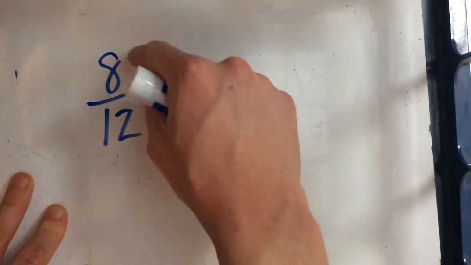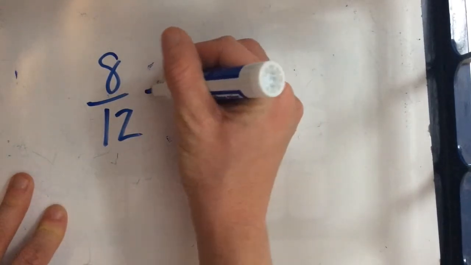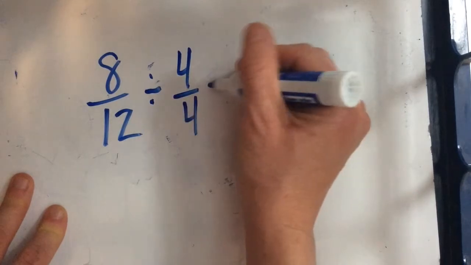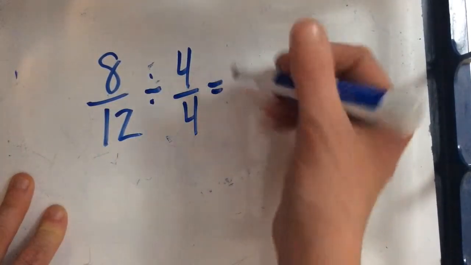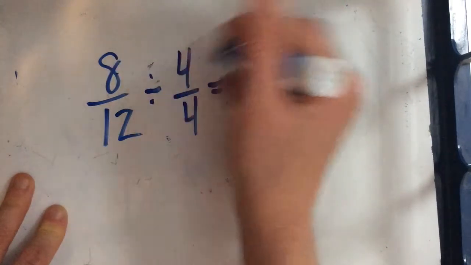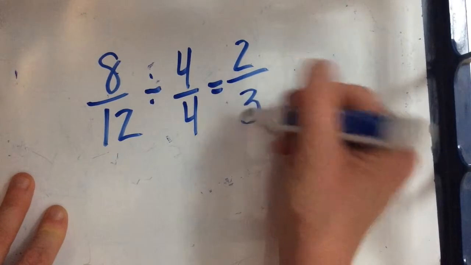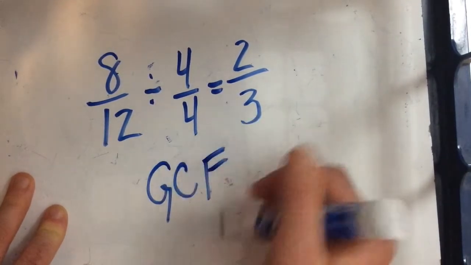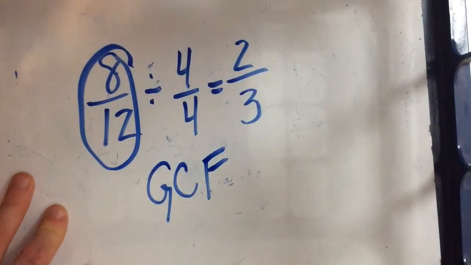These numbers 8 and 12 are in the same fraction, okay? So we used the greatest common factor, which was 4, to simplify this one fraction to its simplest form, okay? So 8 divided by 4 is 2, and 12 divided by 4 is 3, okay? So again, we used the greatest common factor to simplify one fraction, okay?